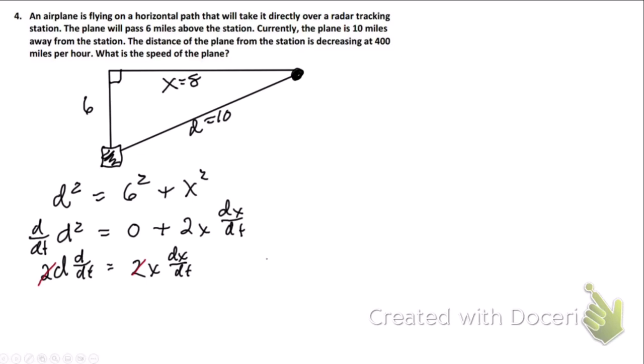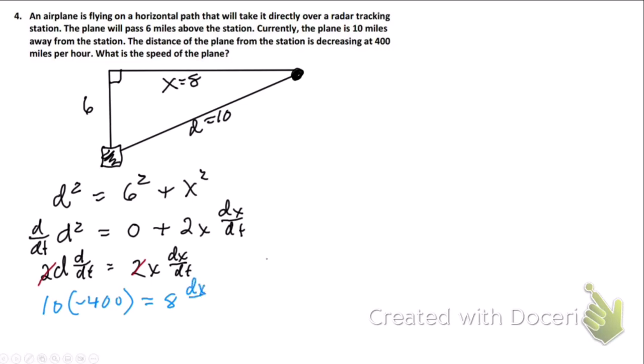Do I know d? Yes, we know it's 10. Do we know how fast it's changing? Yes, negative 400 miles per hour. Do we know x? Yes, 8. And we're looking for dx dt, aren't we?